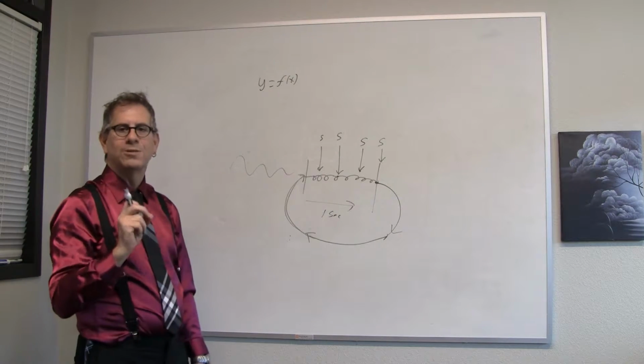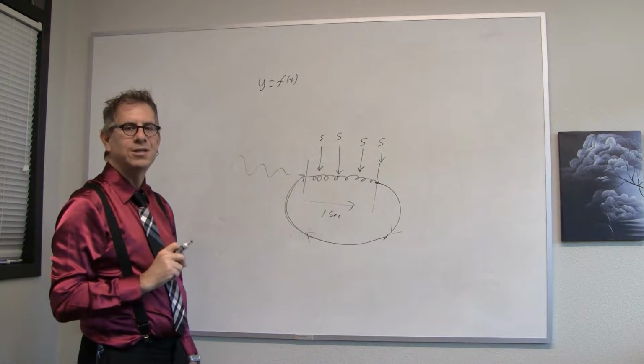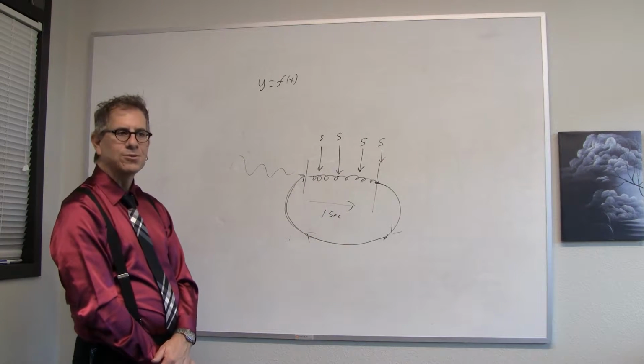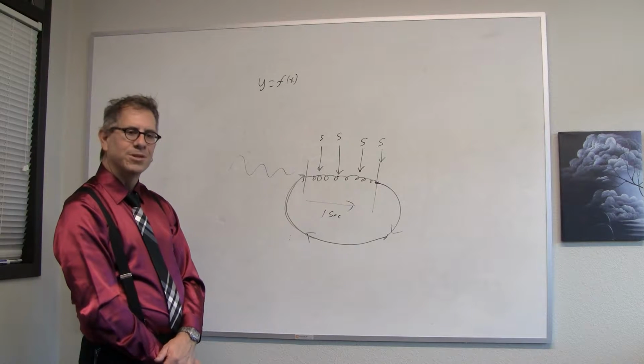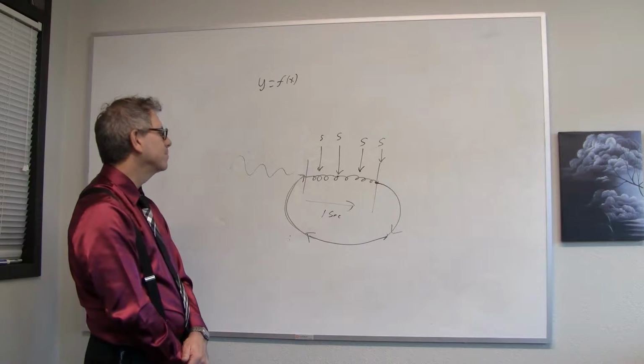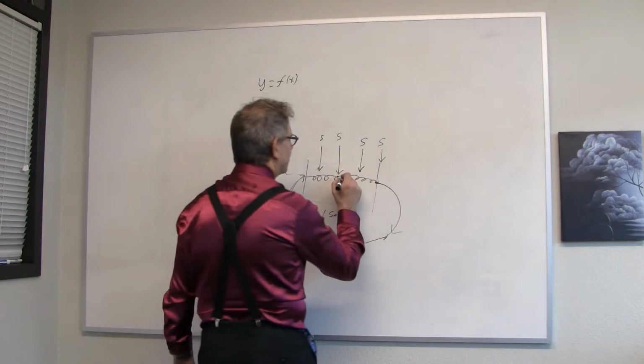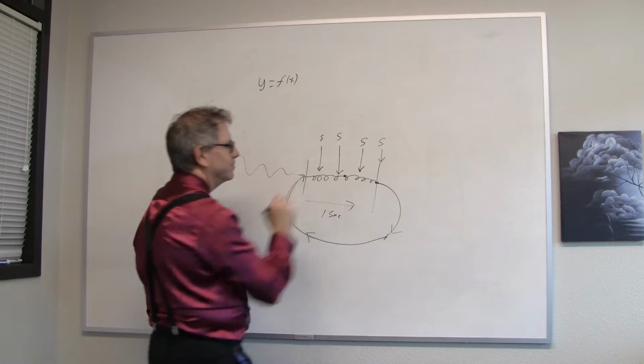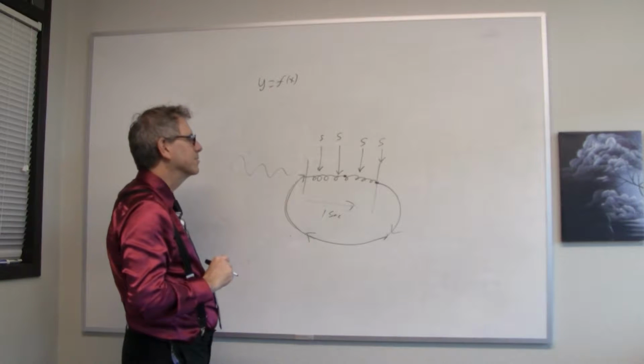Now, if we don't want to wait, if we want to instantaneously read a value from this stored waveform, and we have 4 sensors, we can do that right away, but there's some error in the accuracy. For example, if we want to read the value of the waveform right here, we could just say, well, let's read the value right here because that's the closest sensor.